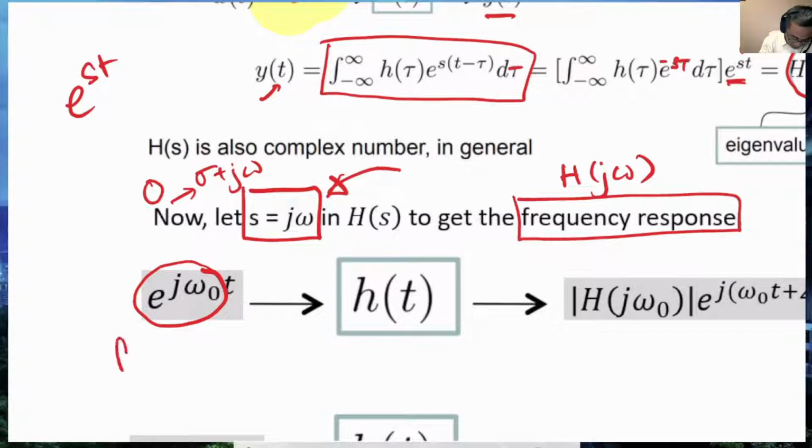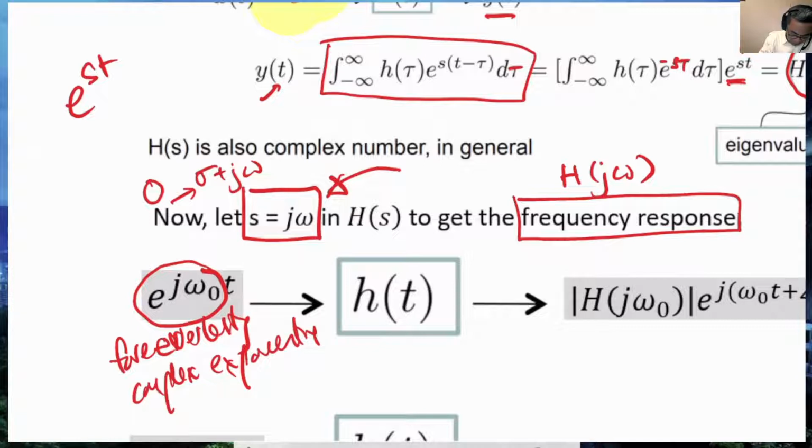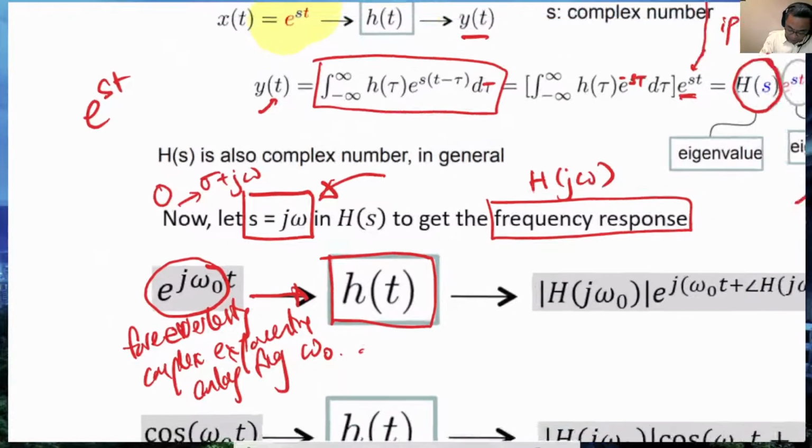So this is a forever, everlasting complex exponential with analog frequency ω₀. And this is being sent into an LTI system with this impulse response.